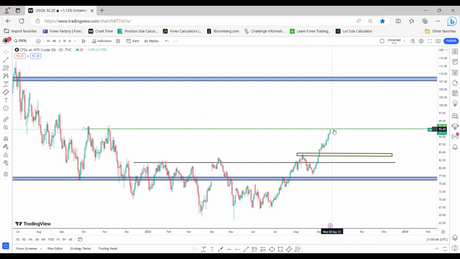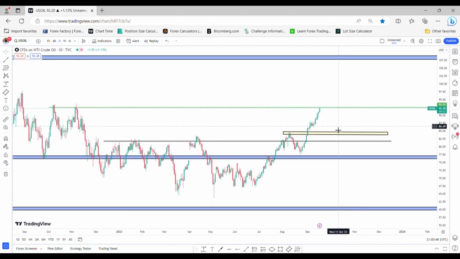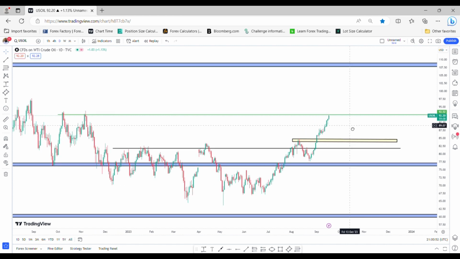So when oil begins to pull back, you don't need to be very, very worried. Just relax and sit tight, right? Oil might pull back to the $84 per barrel area to prepare to skyrocket to the next target level, which is $108 per barrel. So let me just go to the upside.